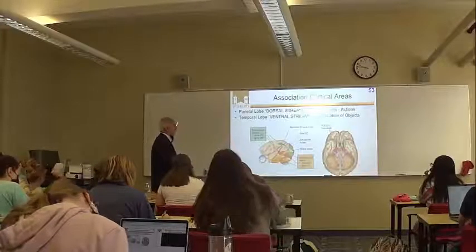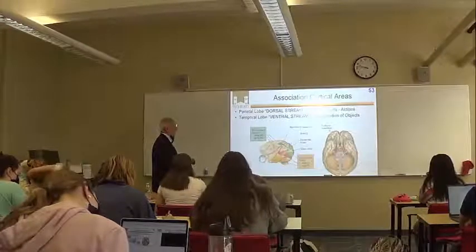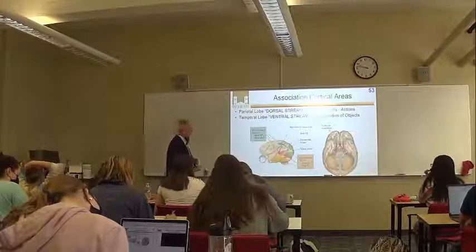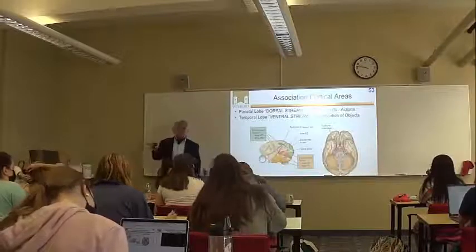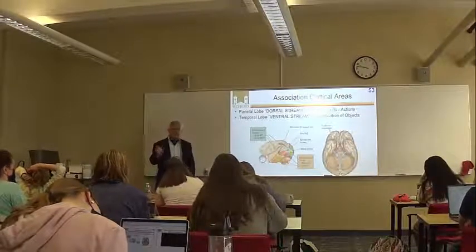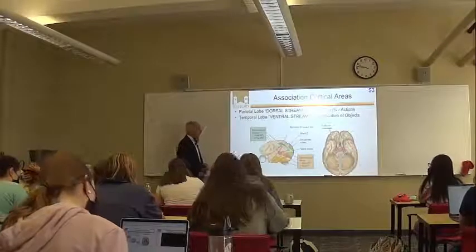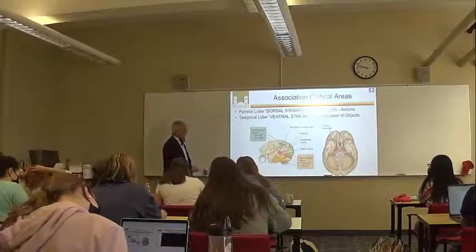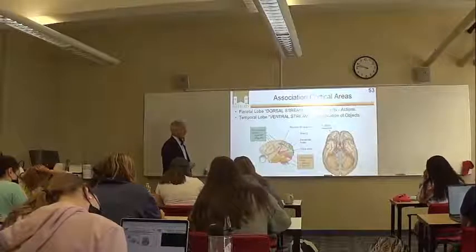So dorsal stream is sometimes called the where stream. But think of it as an action stream. Think of it as going to the frontal lobe to do something with that visual stimulus. How do I respond? And then we have a what is it, an identification pathway into the temporal lobe.